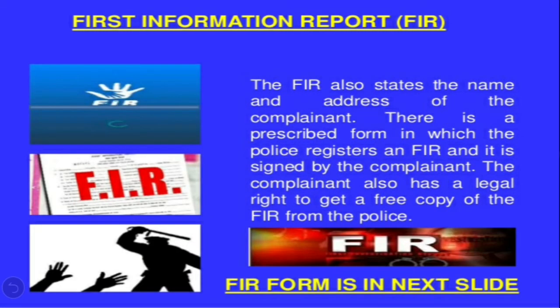Then the FIR also states the name and address of the complainant, one who has gone to the police station to file an FIR. There is a prescribed form in which the police registers an FIR and it is signed by the complainant. The complainant also has a legal right to get a free copy of the FIR from the police.